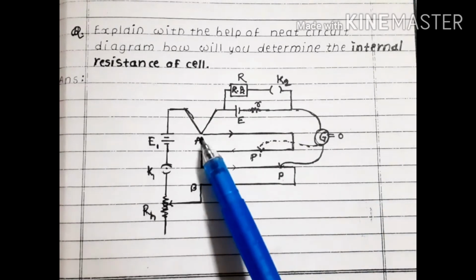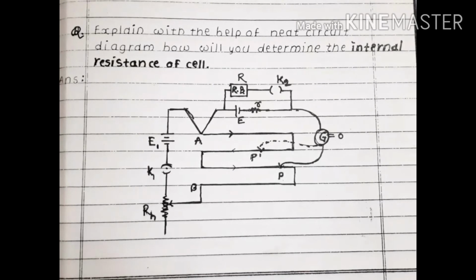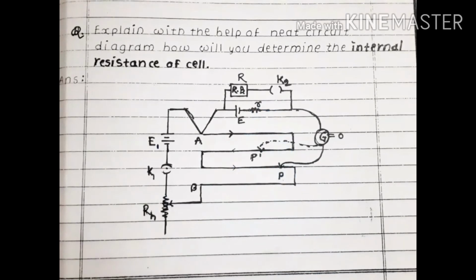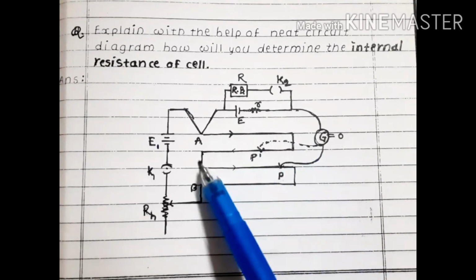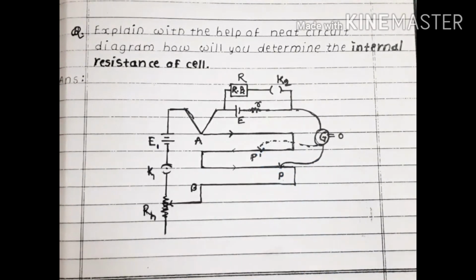Then you measure the distance between point A and point P on the potentiometer wire, and suppose it is L1. Here K2 is open, therefore the resistance from the resistance box is out of the circuit, and whatever the balancing length L1 may be, it balances the EMF of the given cell whose internal resistance is to be determined.